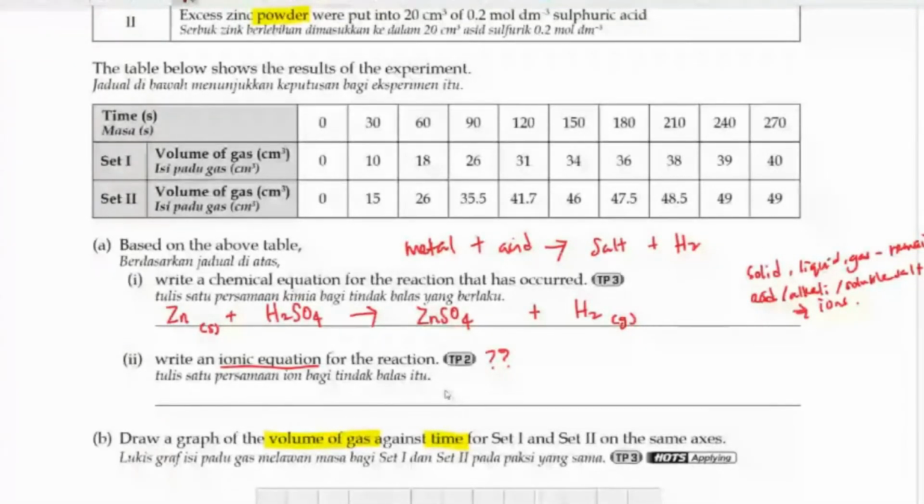So we list out zinc and sulfuric acid, and separate into ions. It produces zinc sulfate aqueous, the soluble salt, and hydrogen remains. The same ions cancel, so the remainder is the ionic equation.